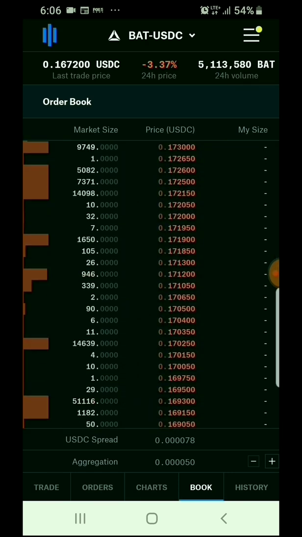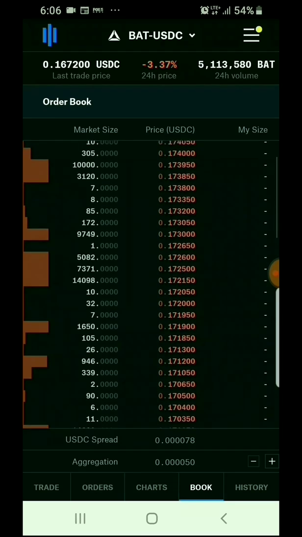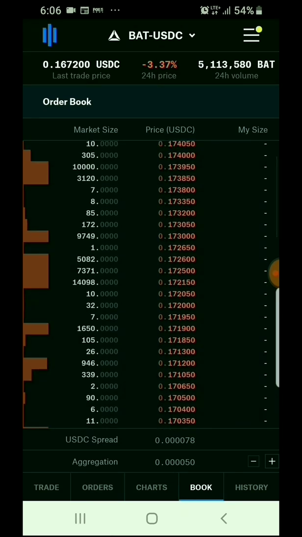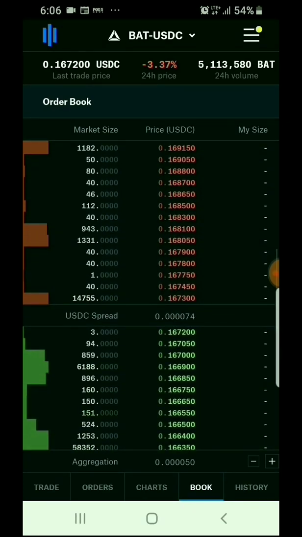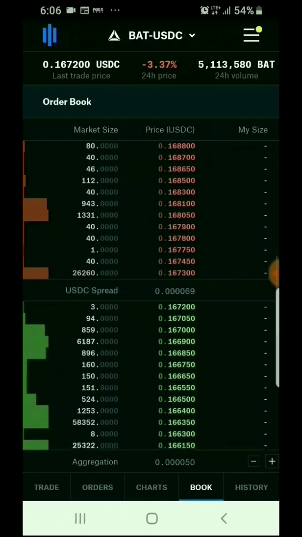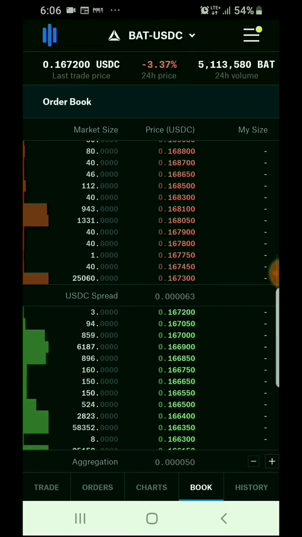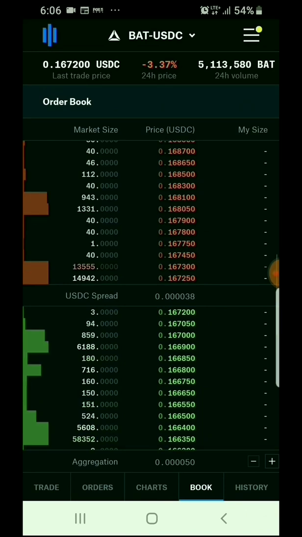Now, what I normally do is I'll follow those numbers, and I'll find the one that's the furthest away from the mid-market price. The mid-market price is on the line right in the middle, the blue one that I just touched. It says USDC spread, and then you see the spread changing anywhere from the minimal would be 1 where it is now, up to, it could be a couple hundred, okay?